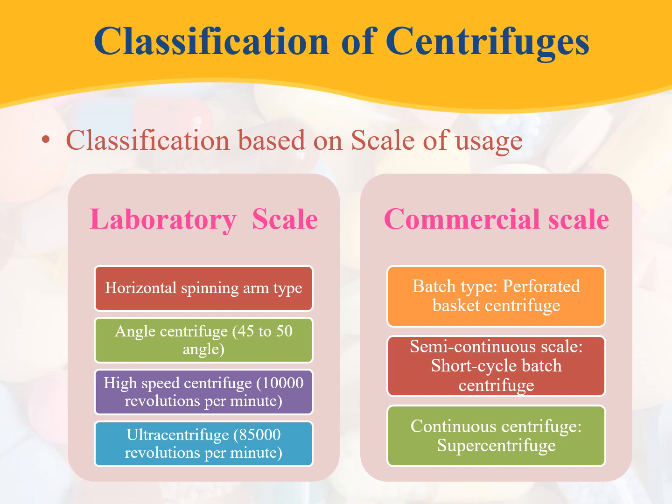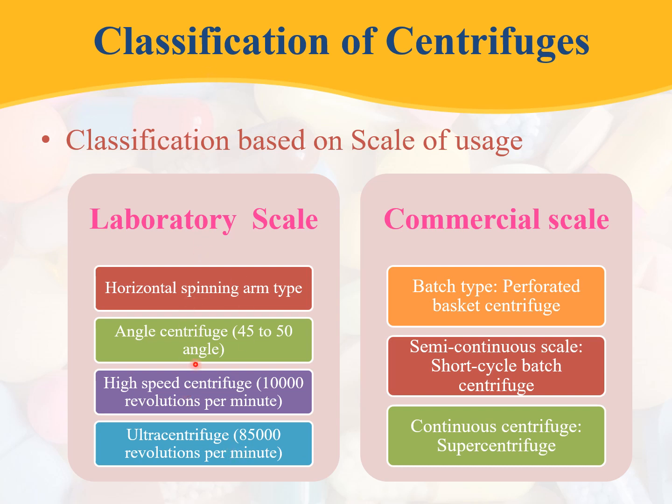Coming to the classification of centrifuges based upon the production scale: laboratory scale and commercial scale. Examples of laboratory scale centrifuges are the horizontal spinning arm type, the angle centrifuge at 45 to 50 degrees, the high speed centrifuge, which is 10,000 revolutions per minute, and the ultracentrifuge, which has 85,000 revolutions per minute.